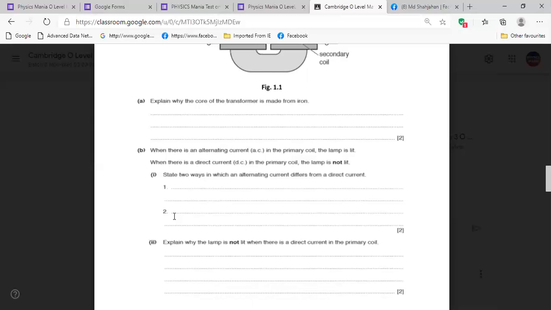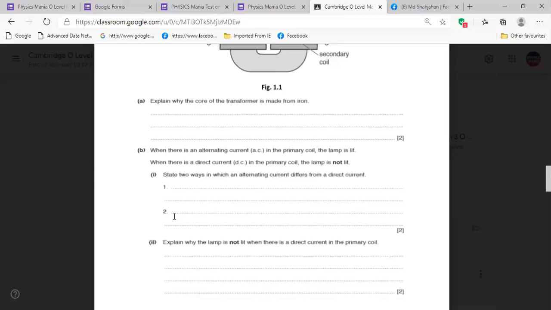Yes, if you want to have any voltage, then we have to have a changing magnetic field in the primary, right? Yes, sir. So if there is no changing magnetic field in the primary, then there will be no induced EMF in the secondary, isn't it? Yes, sir.